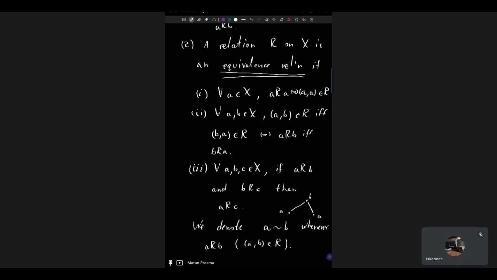This is true: if you know that there exists some pair A comma B for which A is in relation to B, then you can indeed deduce that A is in relation to A. But a priori, you don't know that there is even one pair.